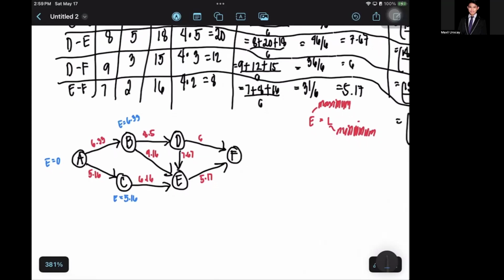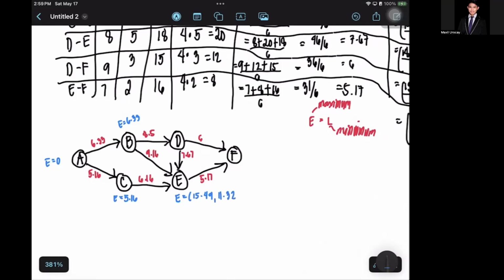So 6.33 plus 9.16. There are several E's here. For B to E, that is 15.49. Then there is also C to E, which is 5.16 plus 6.16, that is 11.32.